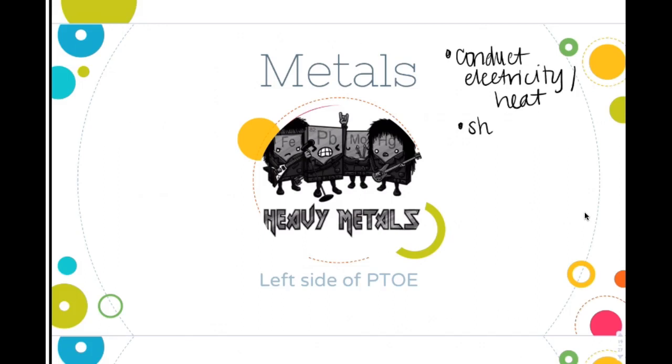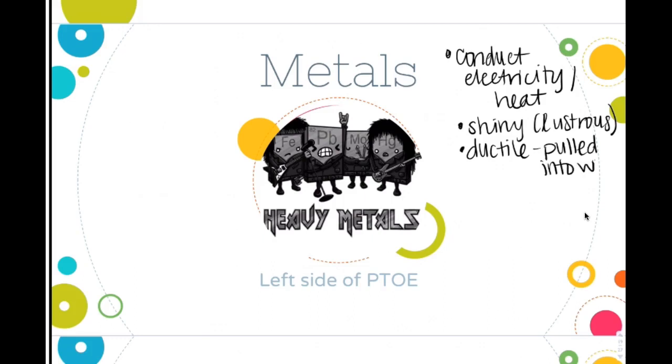They're usually shiny. We can also use the word lustrous. They are ductile. That means they can be pulled into a wire. And they are malleable. That means they can be hammered into a sheet.